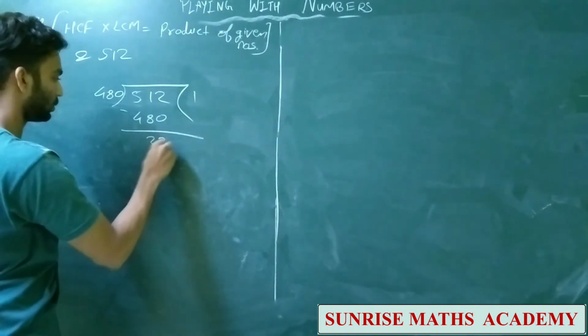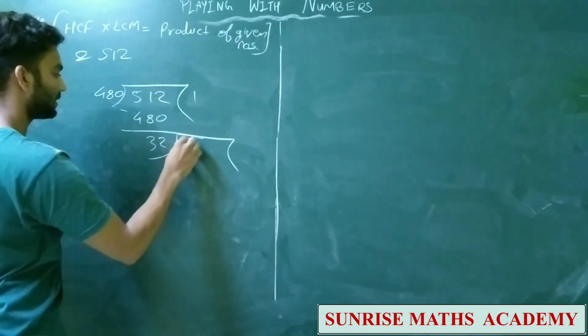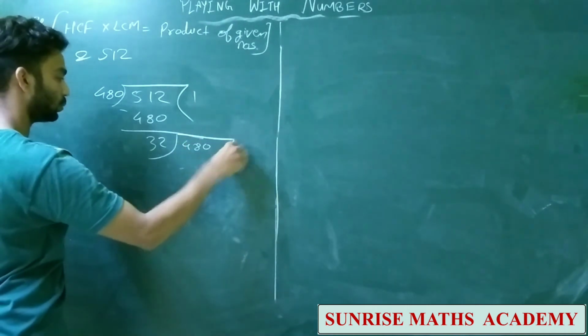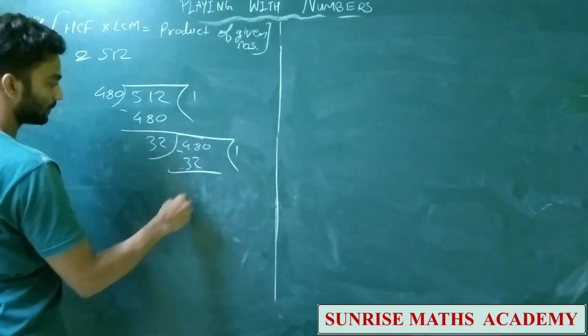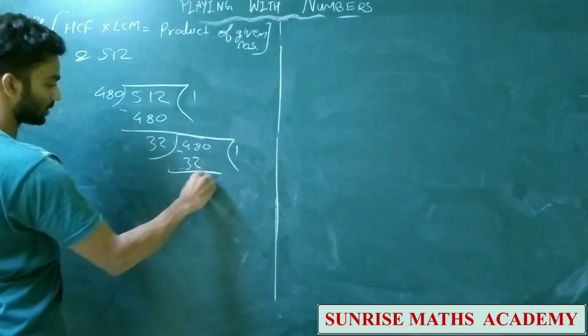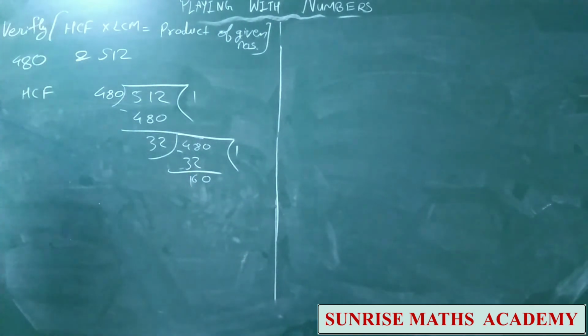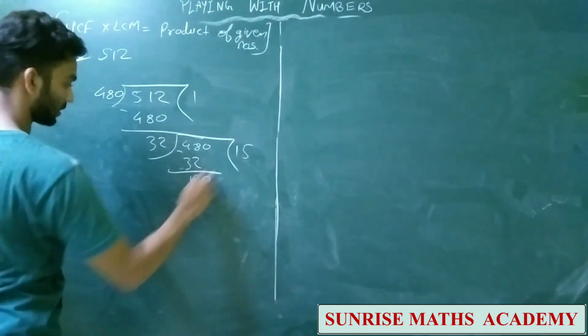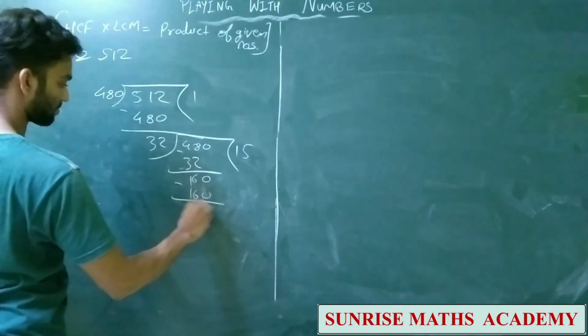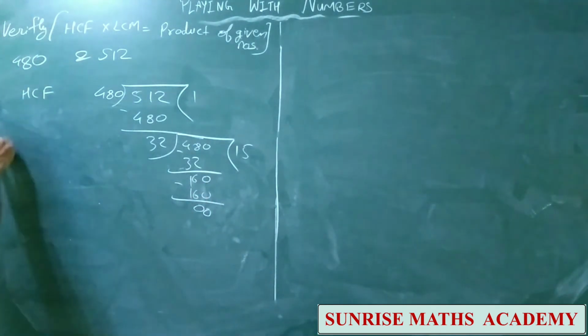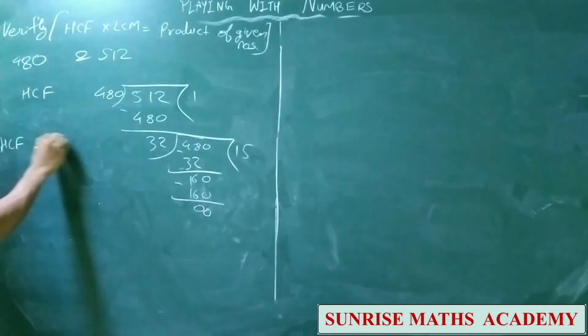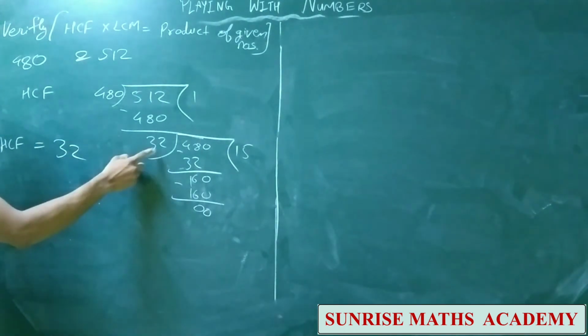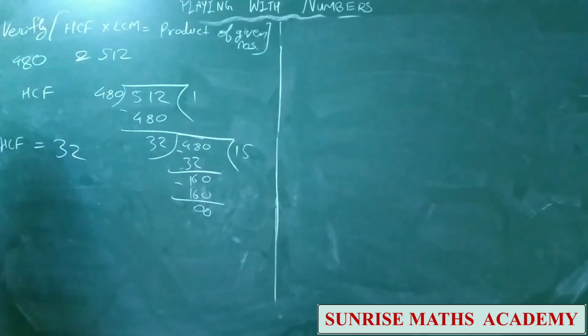So remainder is 32. 480 divided by 32, one side is 32. So we get 16, 5 into 32 is 160. Remainder is 0, so the divisor at this stage is 32. That is the HCF.